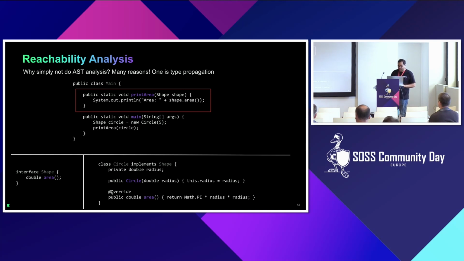Here, circle is shown as one. But if you have a major dependency tree, you might have a lot of implementations. Imagine the Java standard library, and you need to be able to know exactly which of those might be passed to this print area. And this is a little bit the reason why you need to do program analysis, because you can take advantage of doing a bit of type propagation.